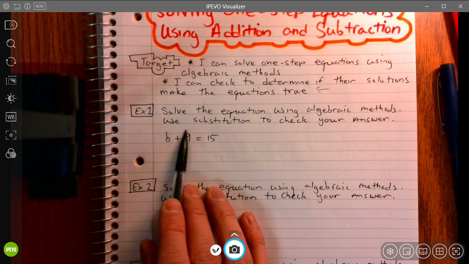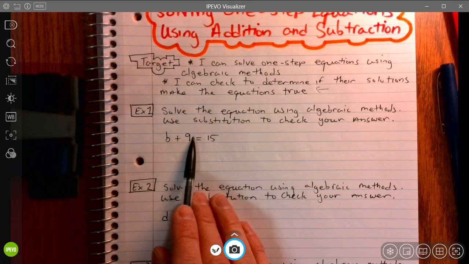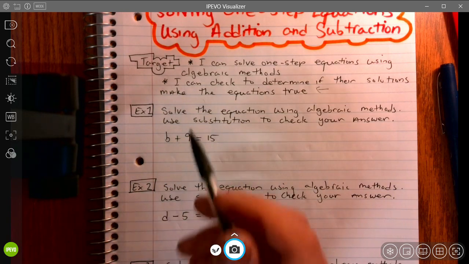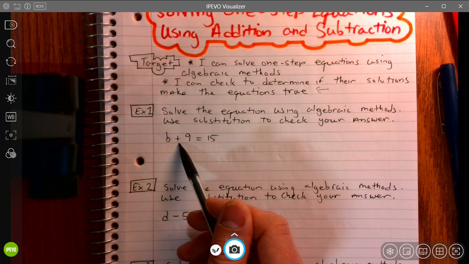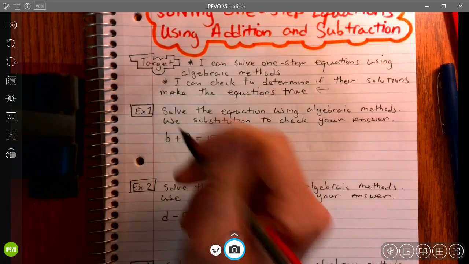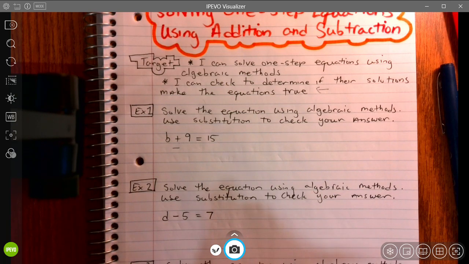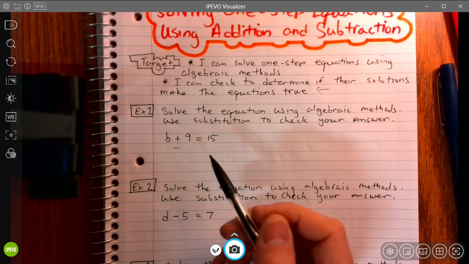And if I have a plus 9, how do I get plus 9 to go to 0? Well, what I do is I perform the inverse operation of addition. And the inverse operation of addition is subtraction. And what do I have to subtract from 9 to get to 0?